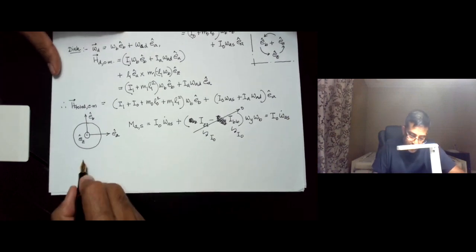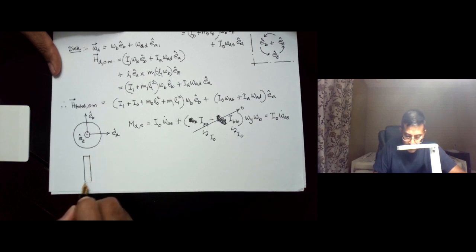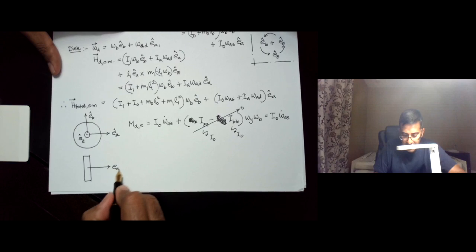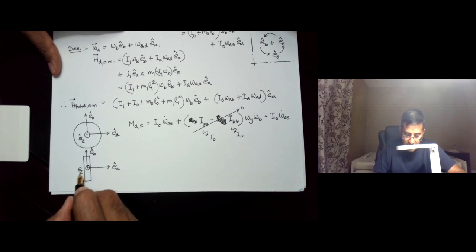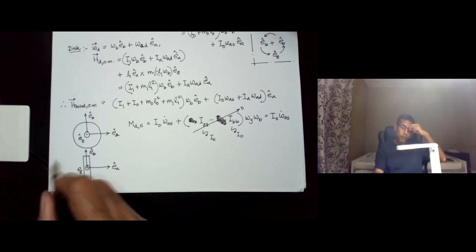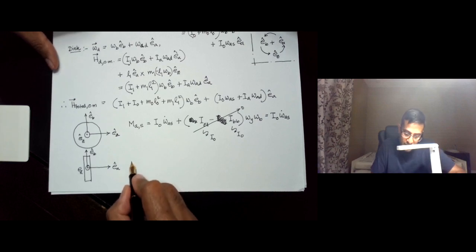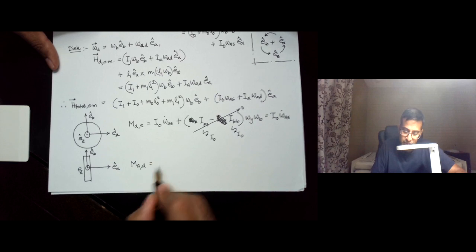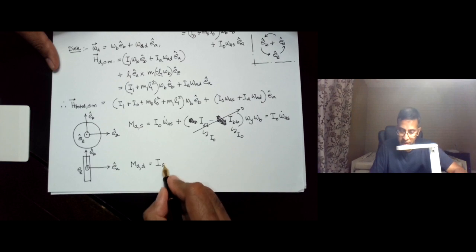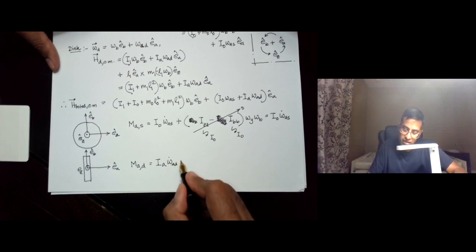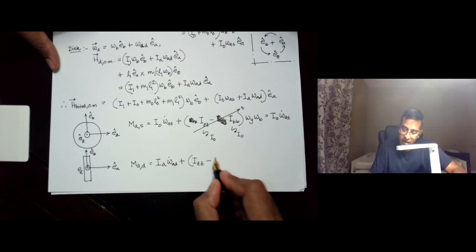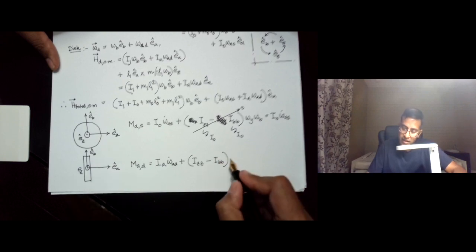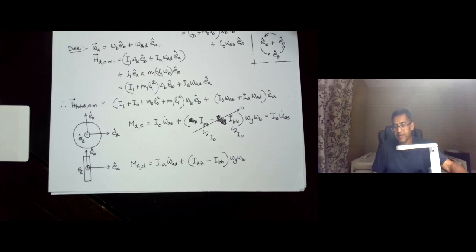Right, now if you take the disk, and again set the same set of triad axes, and write the Euler equation again, but now for this disk, you will see that the moment in the axial direction on the disk is equal to I about the axial direction, which we are calling IA, times omega AD dot, plus IZZ, this is the IZZ for the disk, minus IBB, this is the IBB again for the disk, times omega Y and omega B for the disk.